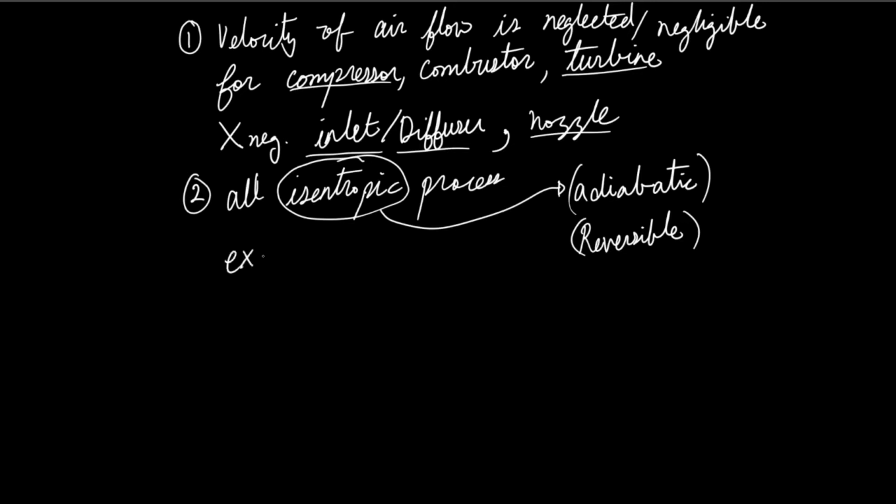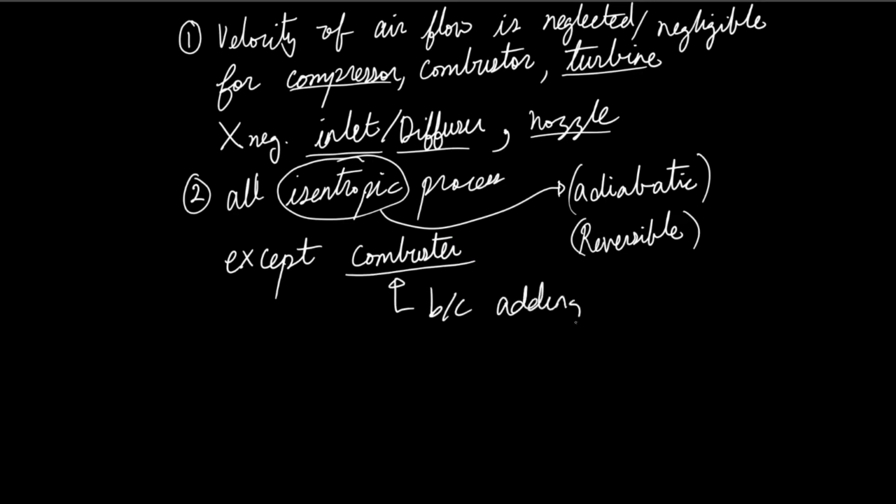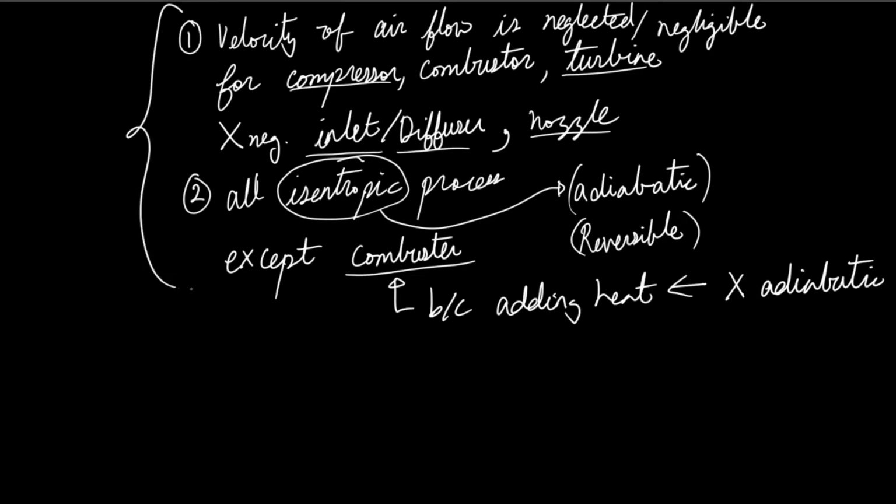So it's all isentropic processes except the combustor, because we are adding heat, which means this is not adiabatic. These are probably the two big assumptions we had to go through in order for you to fully understand what we talked about.